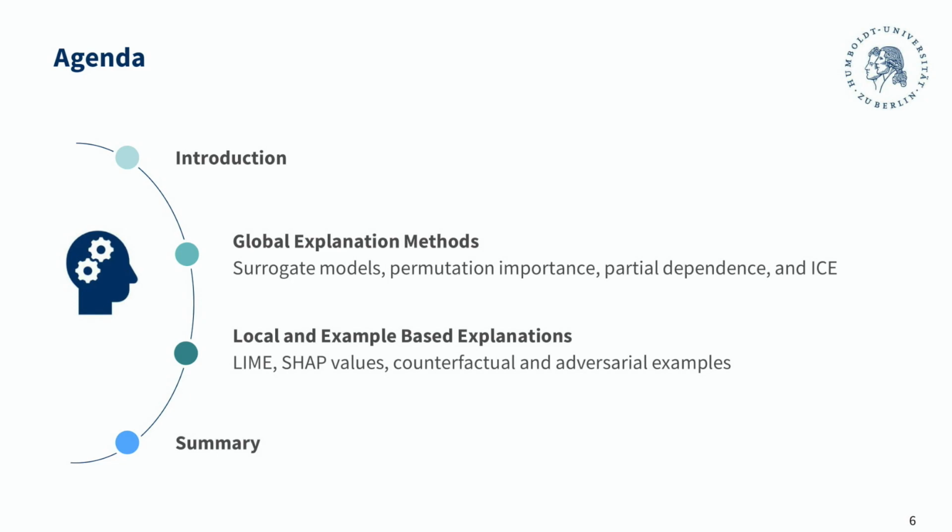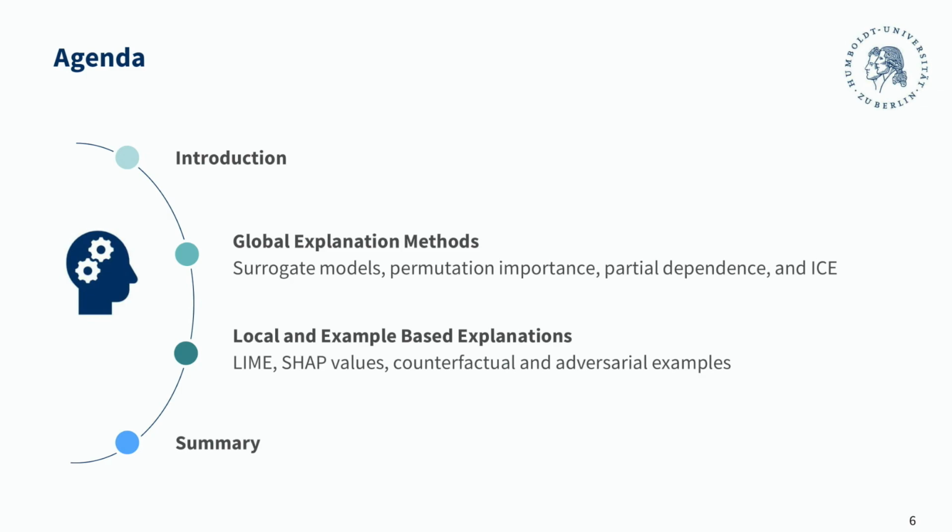In general, what you see from the agenda, when we talk about techniques to interpret machine learning models, one way to think about them, these interpretation or explanation methods, is whether they are applied at a global or a local scope. And we shall see very soon what that means.